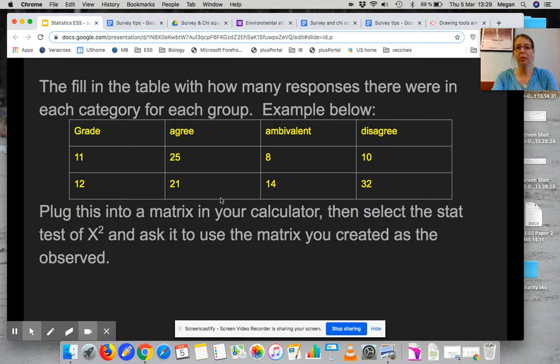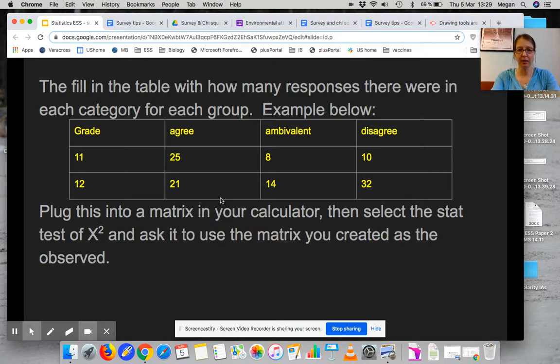We're going to plug it into your calculator, and your calculator will spit out a p-value. And you'll just see, is your p-value less than or equal to 0.05? If that's the case, then you would reject. If it's greater than, then you would accept your null hypothesis.